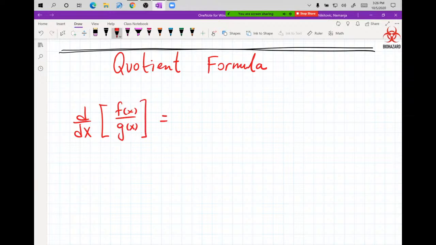Quotient, obviously division. So now we understand that. And again, there is a formula that we memorize. In the denominator, you have the g squared. And that's where I always start. And then I go to the top and I say g of x f prime minus f of x g prime.